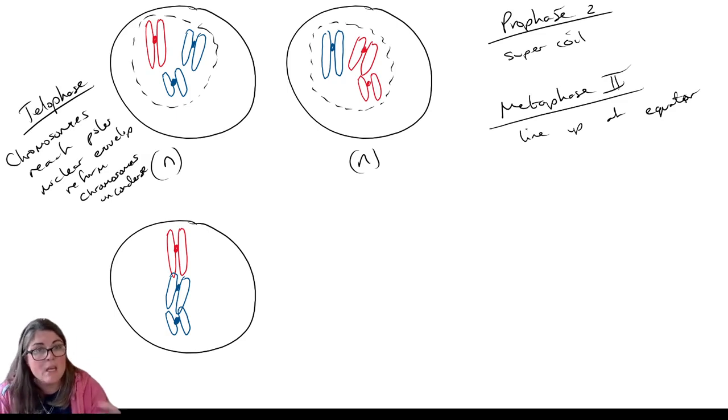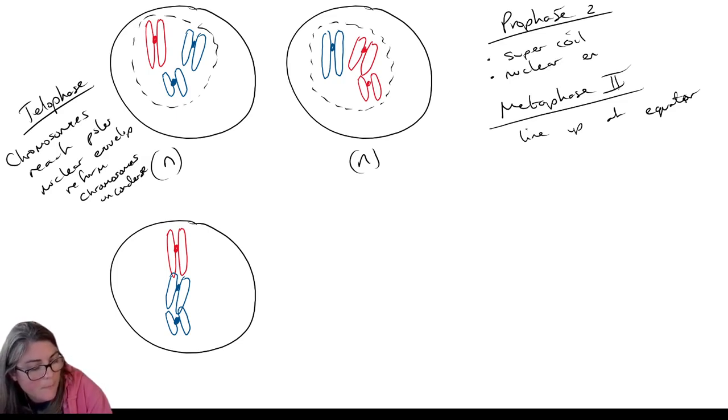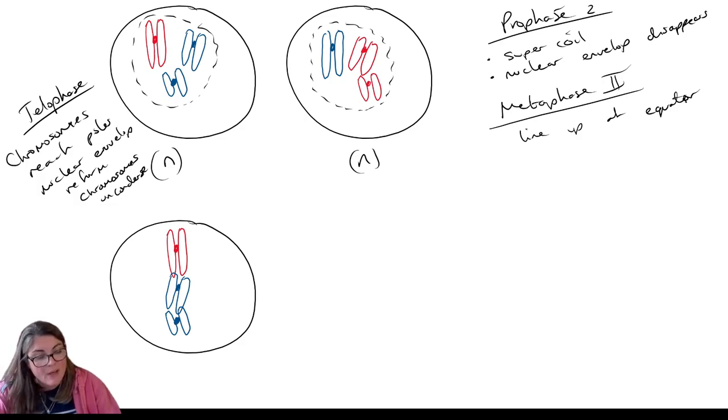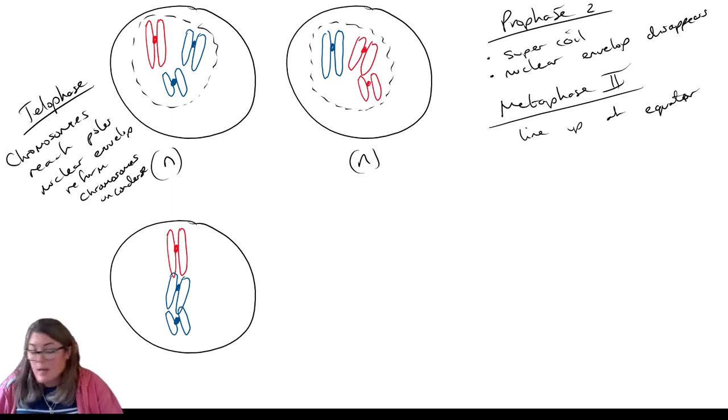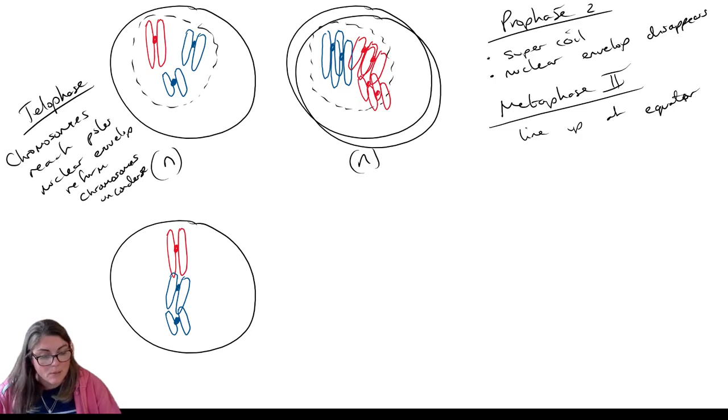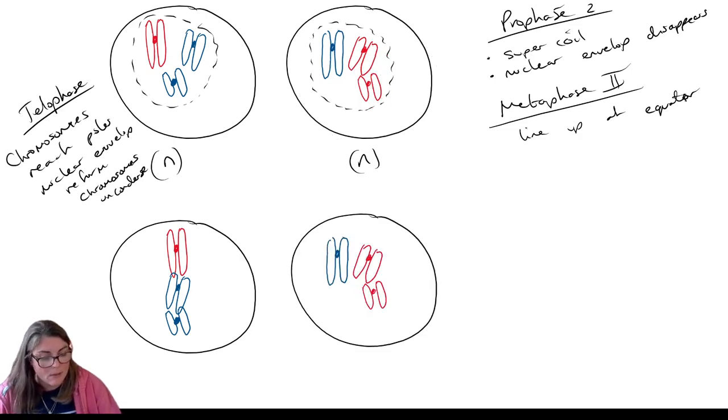Not only did they recondense during prophase 2, the nuclear envelope disappears again. Then metaphase 2, what are they doing? They are lining up at the equator, and the same with the other one. Let me just do that one quickly. I'm going to line these up at the equator.